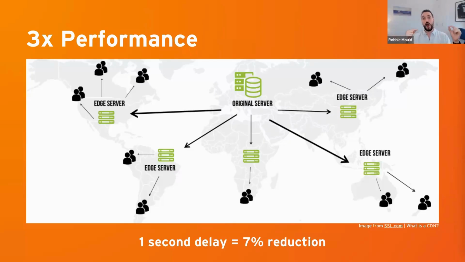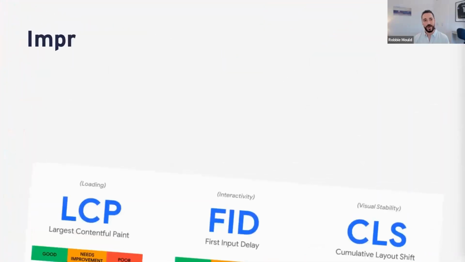So users only ever have to access the nearest server to them, in their city or their country. That just means a massive performance boost and great user experience, but crucially from an SEO perspective, you get massive improvements in your rankings, because Google's not having to waste resources to load your website. So you'll automatically see rankings increase from there.